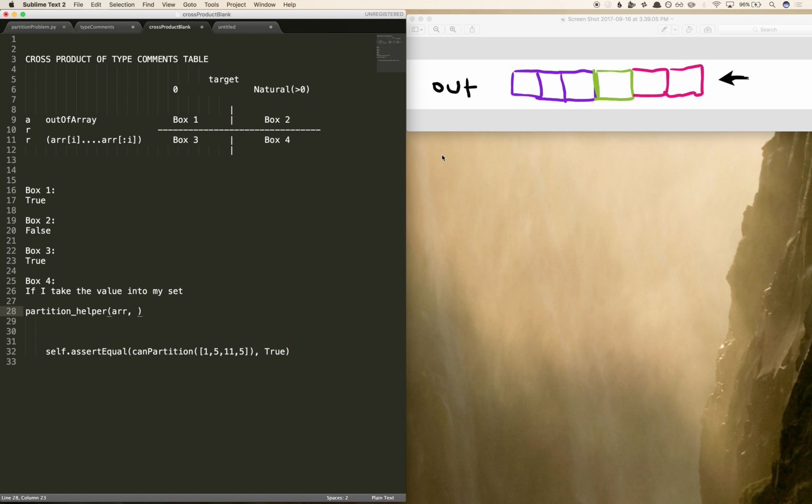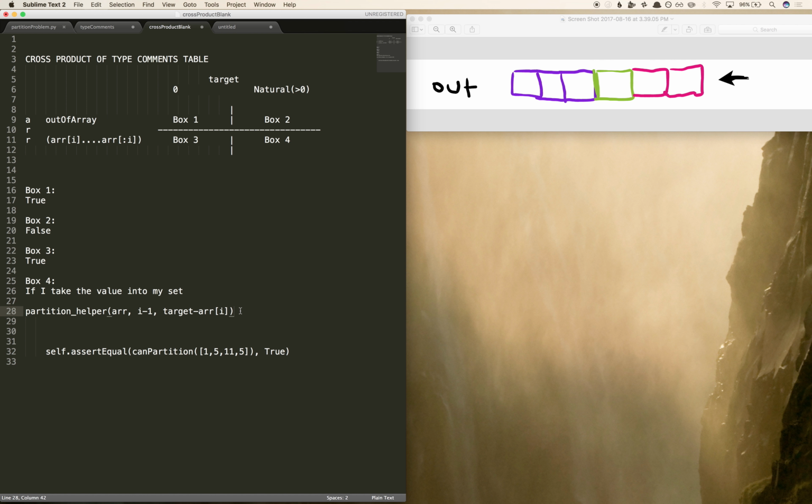I've moved from the green box to the purple box, so I'm at index i minus 1 now, and my target value has changed. I have to subtract this last 5, so that's what I do there.